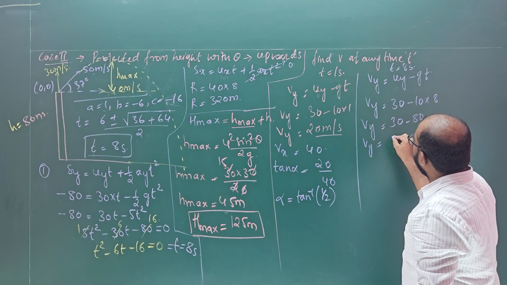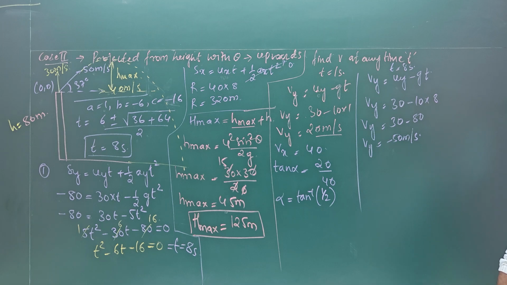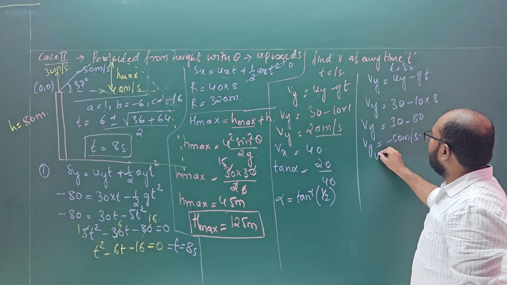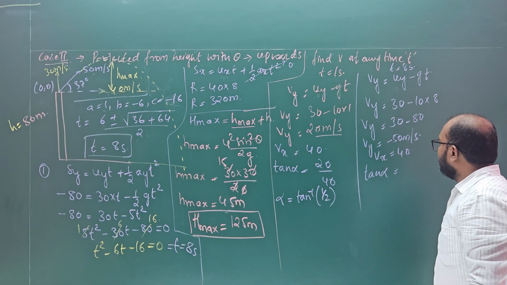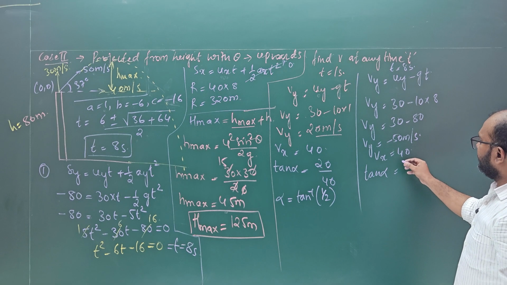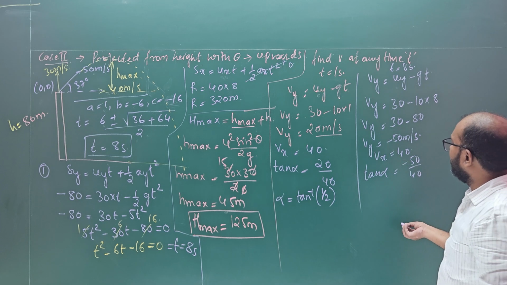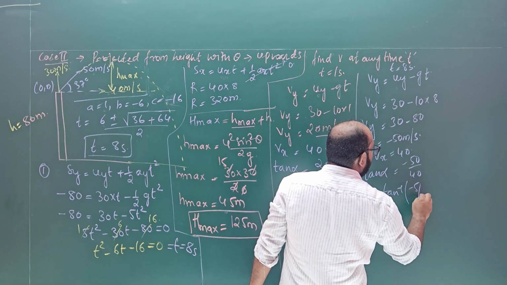That is Vy is nothing but minus 50 meter per second. Okay. Similarly, we can also find alpha here. Because initial velocity ux is 40, Vx remains 40 only. So tan alpha here is nothing but minus 50 upon 40, that is minus 5 by 4, or alpha is nothing but tan inverse of minus 5 upon 4.